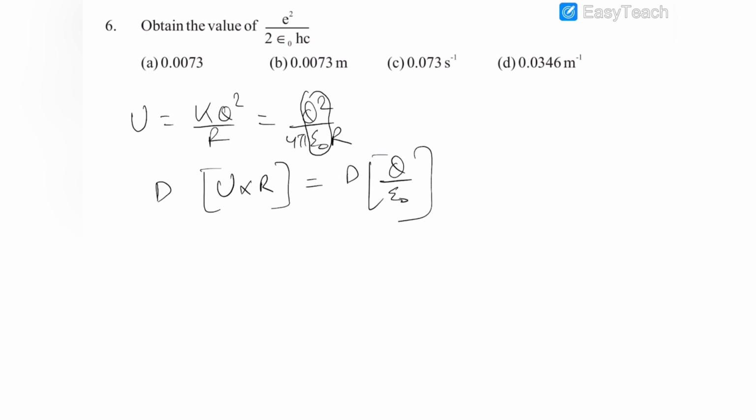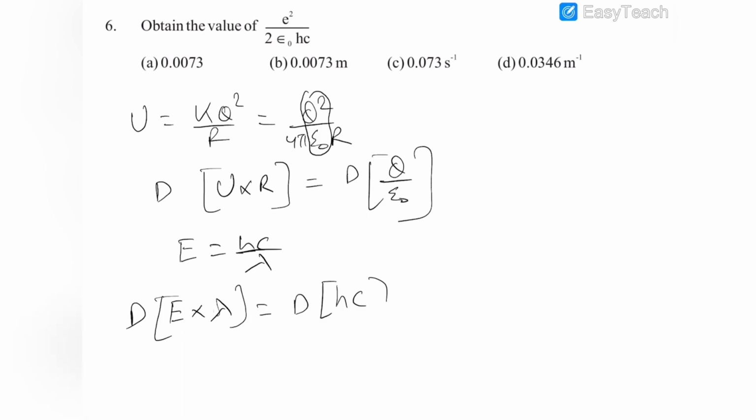And we know that energy is also equal to hc by lambda. So the dimensions of energy into lambda are equal to the dimensions of hc. So you can see that this is also energy and this is energy, this is radius and this is lambda.